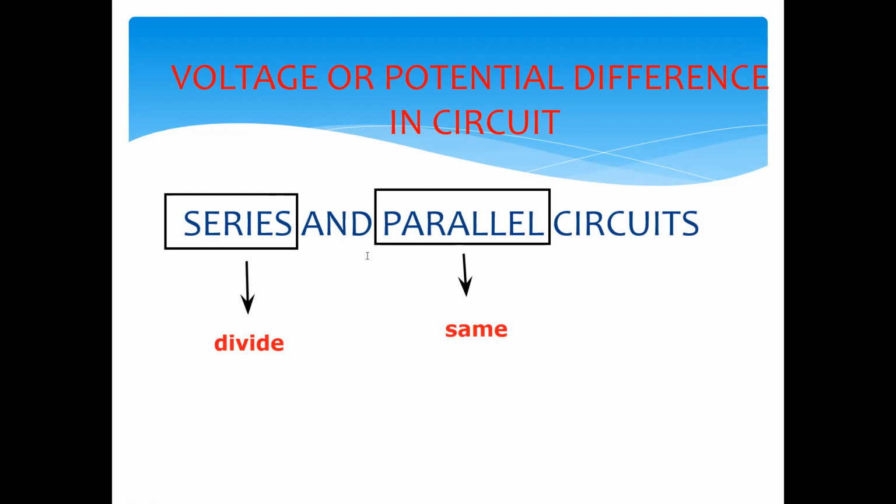When two or more components are in series, the voltage divides. When they are in parallel, the voltage will be the same around them. So for example, if we have, say, three components which are connected in series.